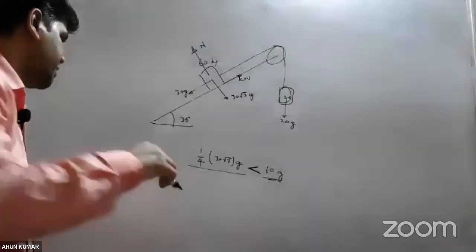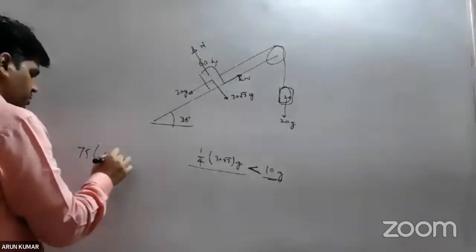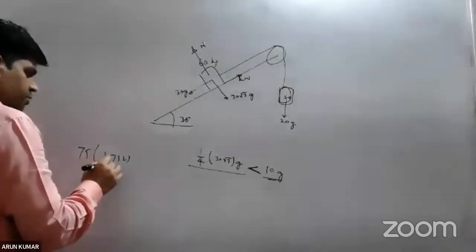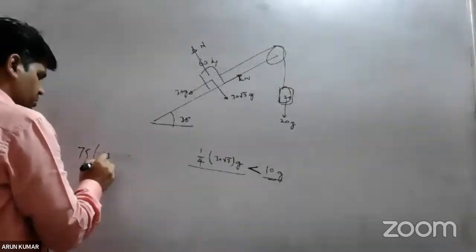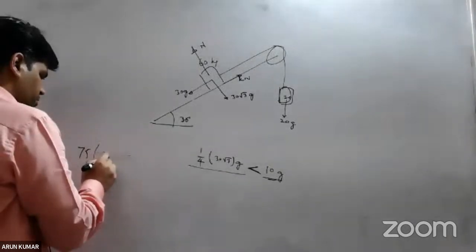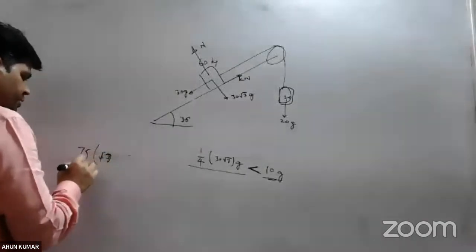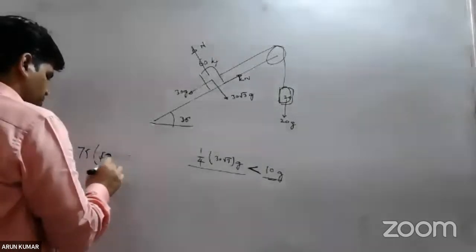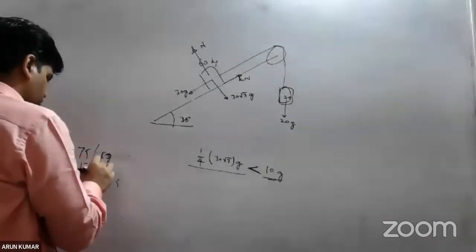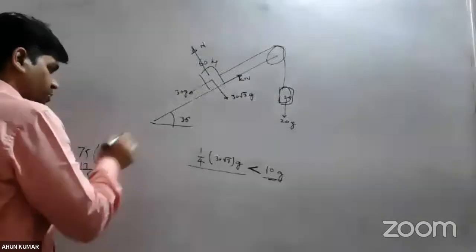Let's check. Root 3 is 1.73, so that would be someplace around 128. So the blocks don't move.